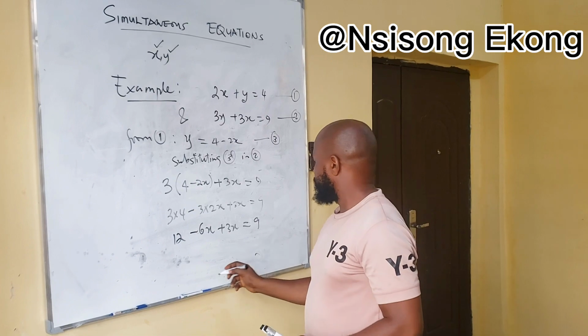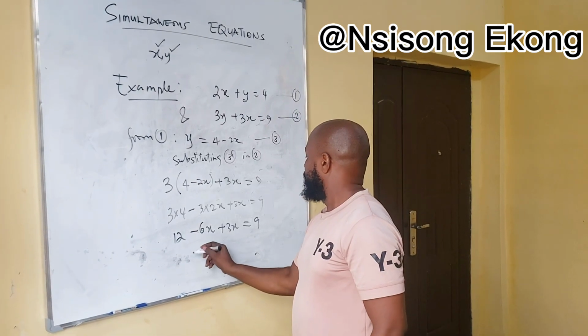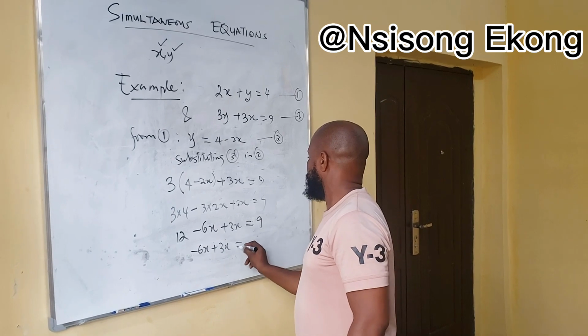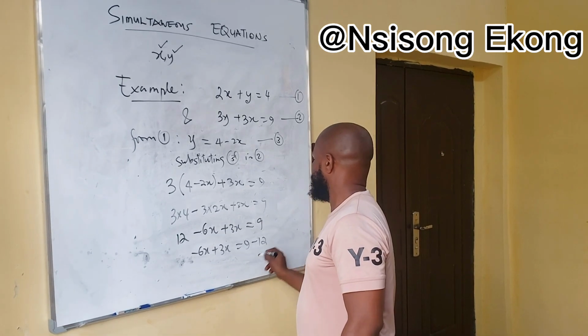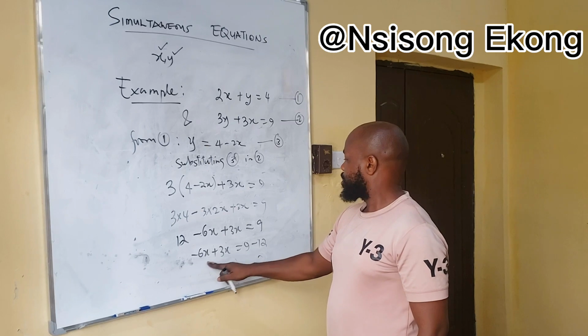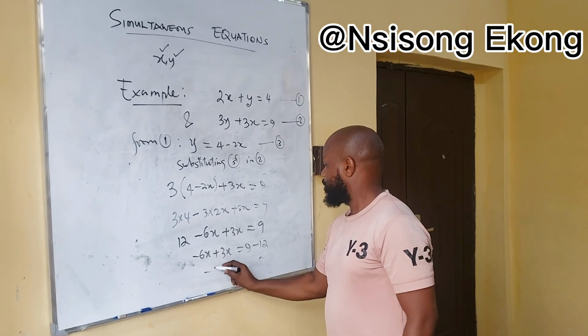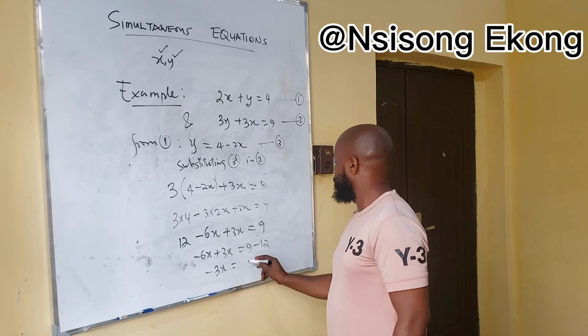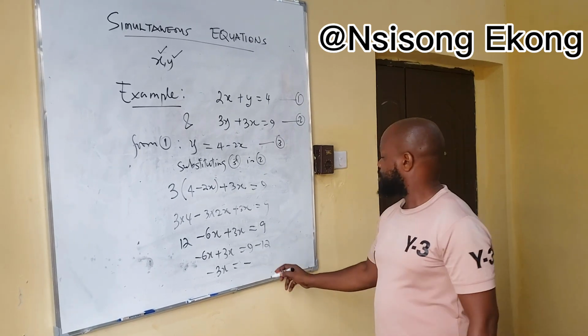If we collect like terms, we have minus 6x plus 3x equals 9 minus 12. Minus 6x plus 3x is minus 3x, equals minus 3, since 9 minus 12 is minus 3.